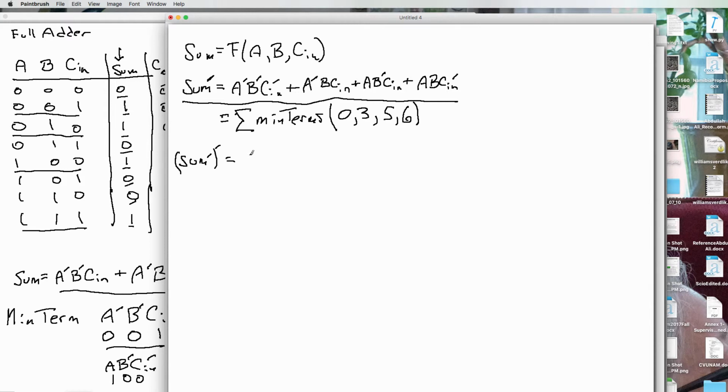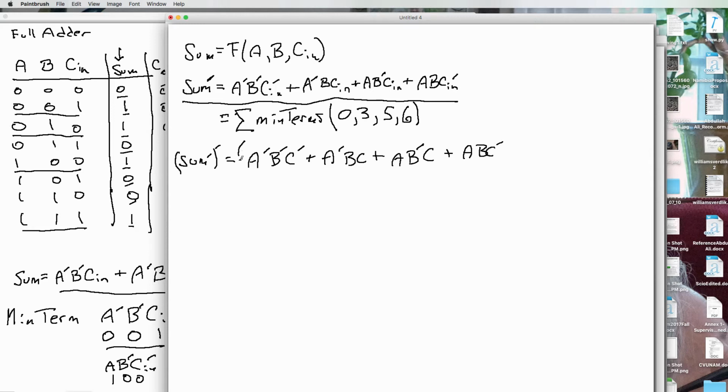Well, it is what I'm looking for, but here's the point. I've got A prime, B prime, and I'm going to stop writing C in. I'm just going to leave it as C for now, and that's a C prime plus A prime B C plus A B prime C plus A B C prime.